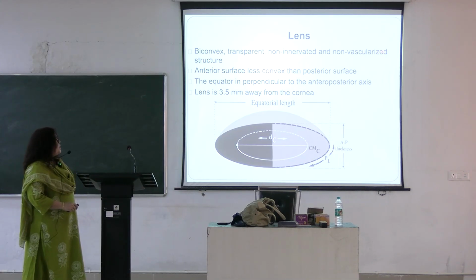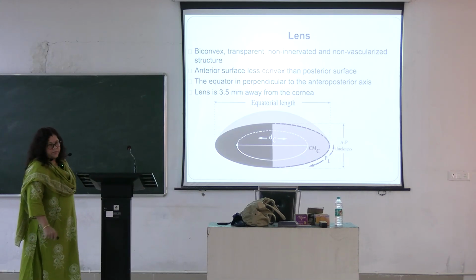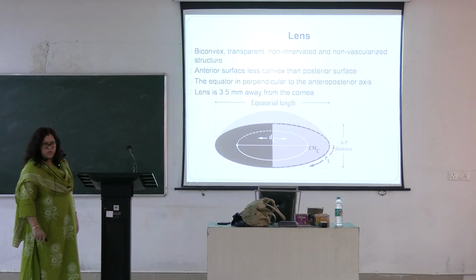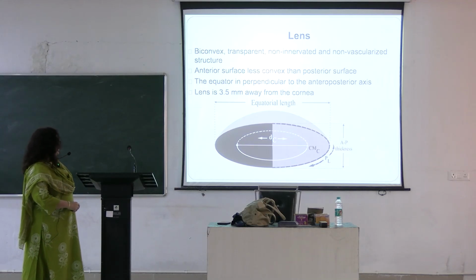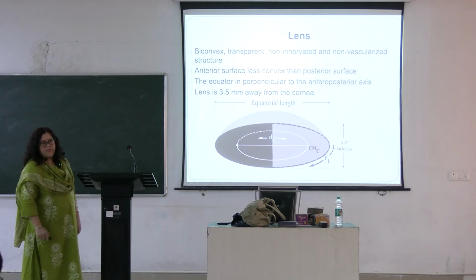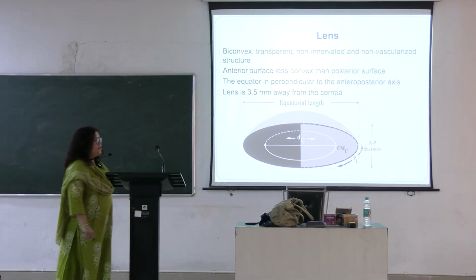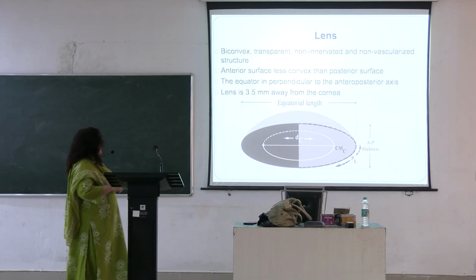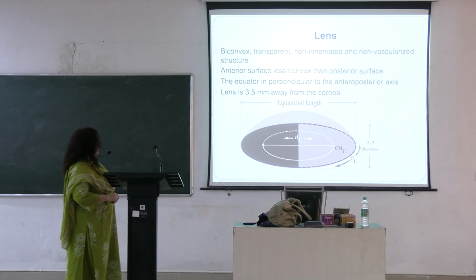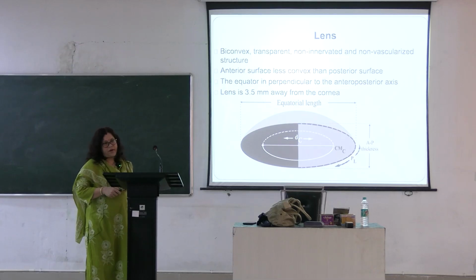Its anterior surface is less convex as compared to the posterior surface, and the equator is perpendicular to the antero-posterior axis. The lens thickness is 3.5 millimeter, and it is also 3 millimeter away from the cornea.